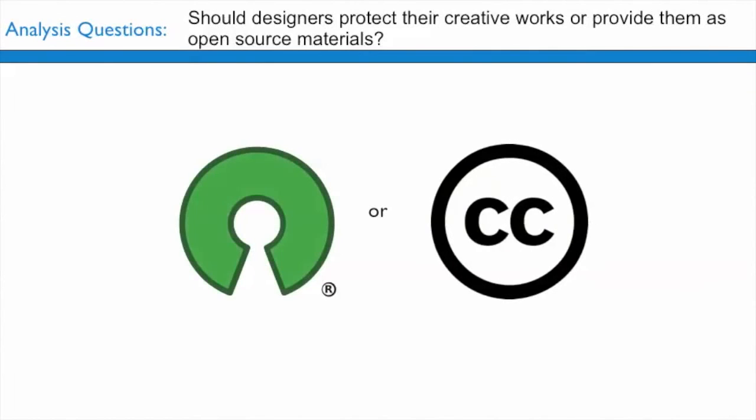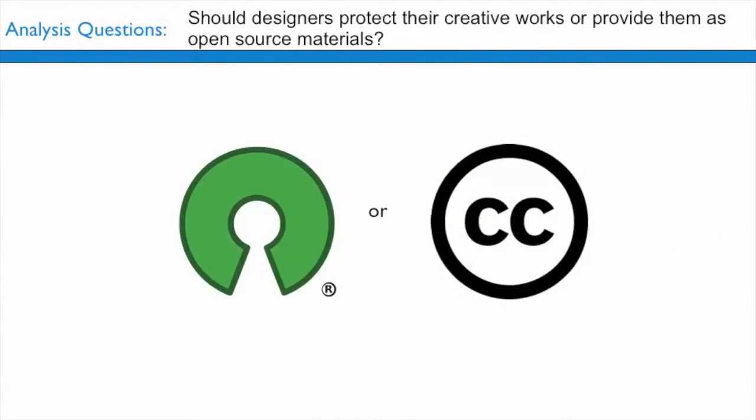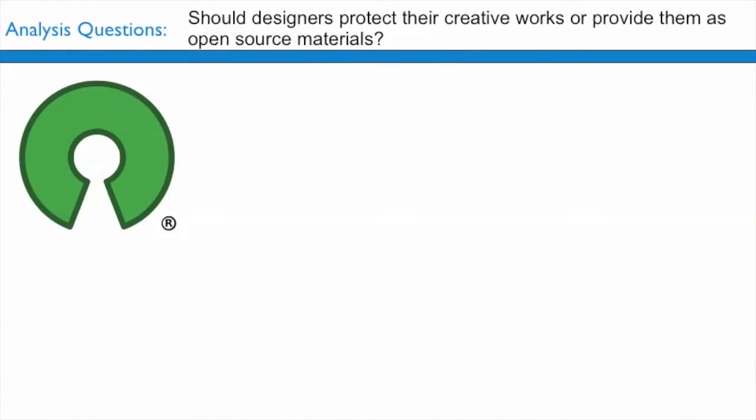The identification of different types of protection ultimately leads to a discussion about whether or not designers should protect their work or allow them to be open source. This is an intricate discussion that has been made more complex by the affordances of digital technology, and ultimately it is at the discretion of the designer to either protect or not to protect their work.